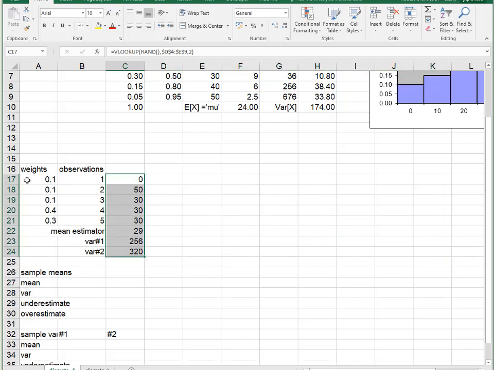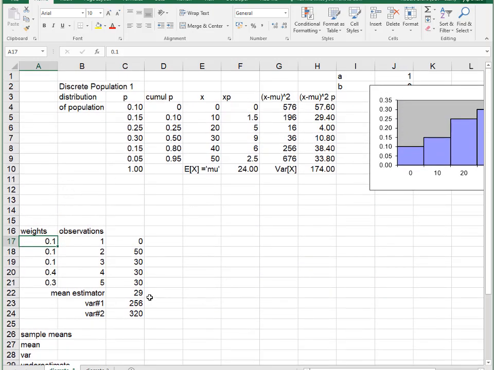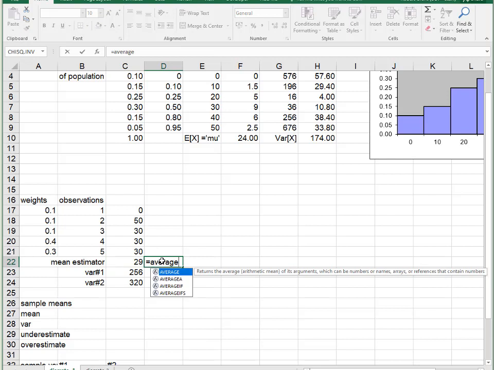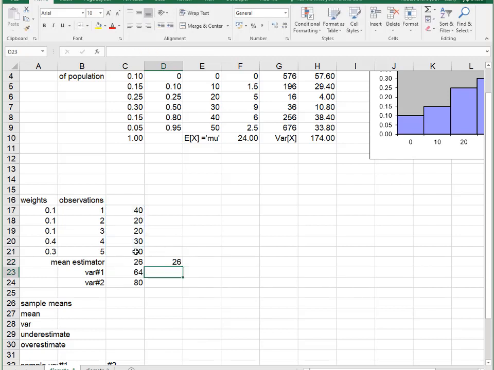just point out we can also experiment with these weights. At the moment, this mean estimator is not calculated just by the average of these. If I type in equals average, you'll see what I mean.